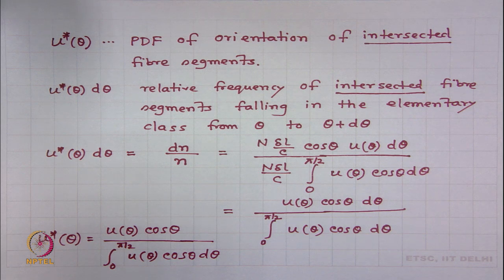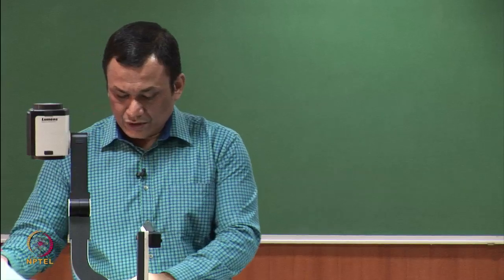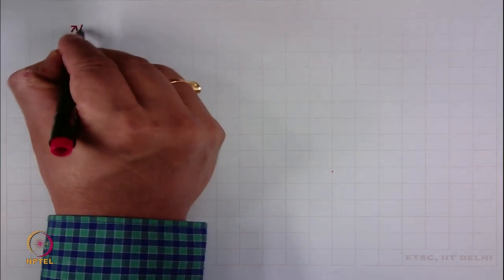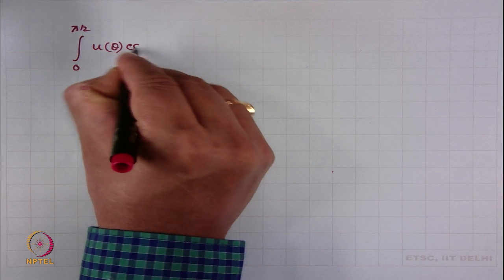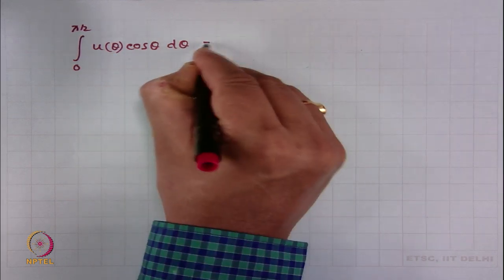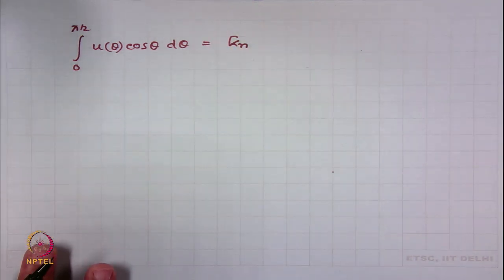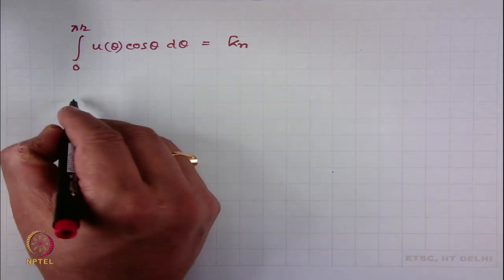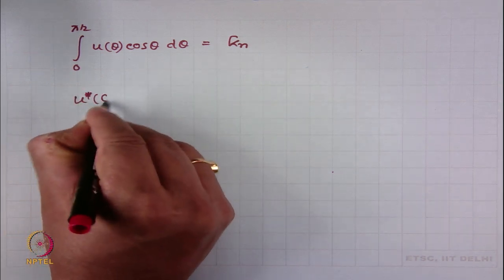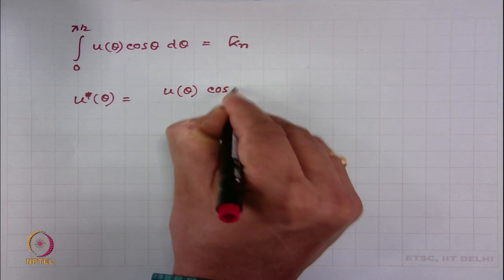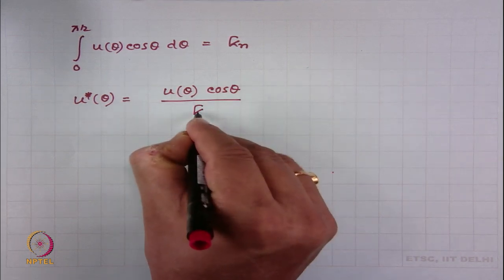Let us assume this denominator is equal to coefficient k n. So, this integration 0 to pi by 2 u theta cos theta d theta is equal to coefficient k n. This coefficient k n we have discussed in module 2. So, we obtain u star theta is equal to u theta cos theta by k n.